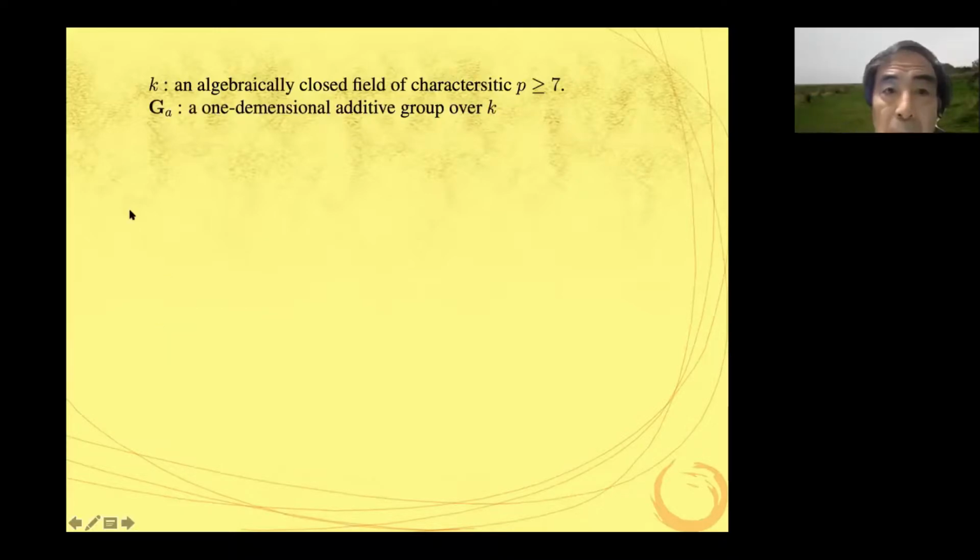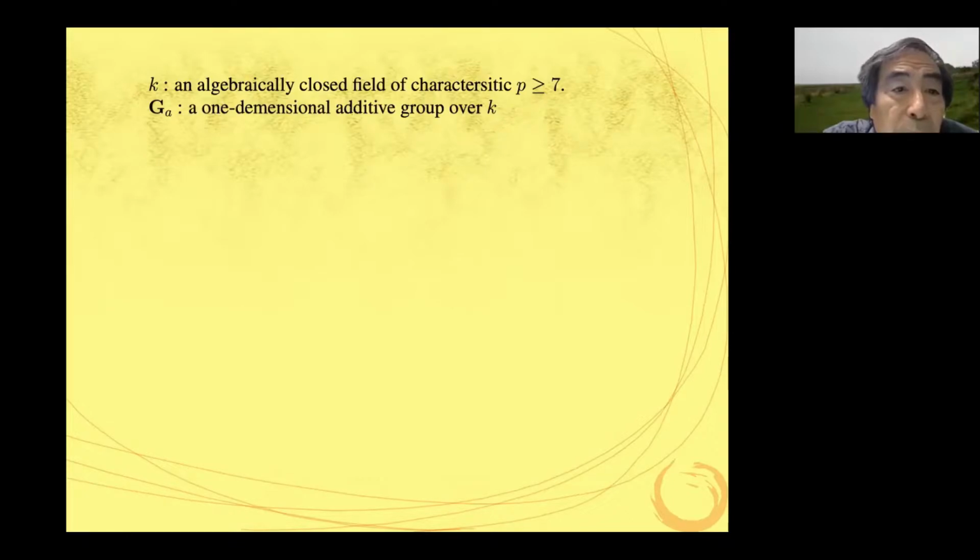Throughout my talk, let K be an algebraically closed field of positive characteristic p, and we assume p is greater than or equal to 7.